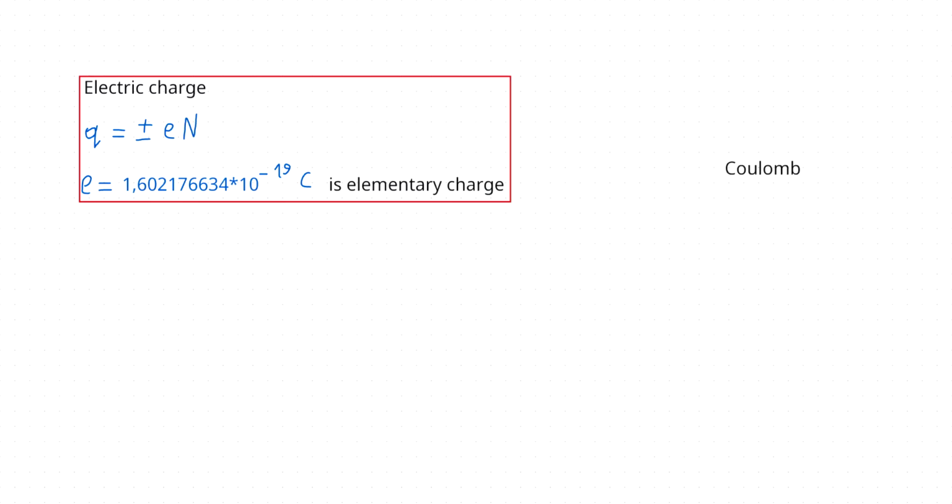The answer was given by Charles Coulomb, and it is known as Coulomb's law.